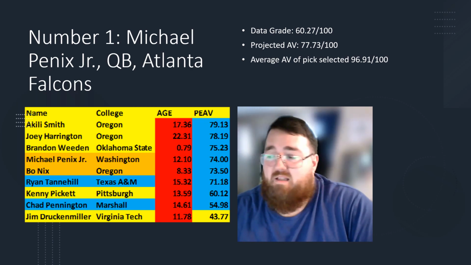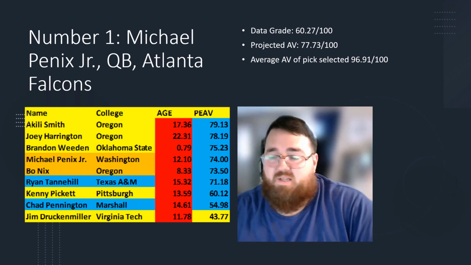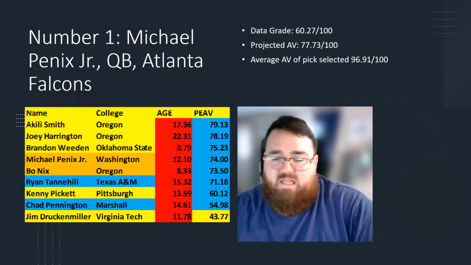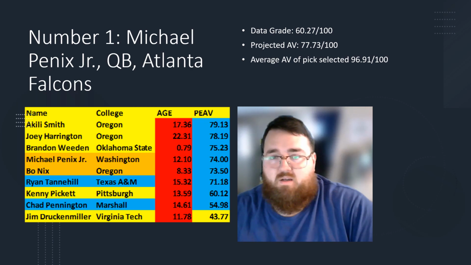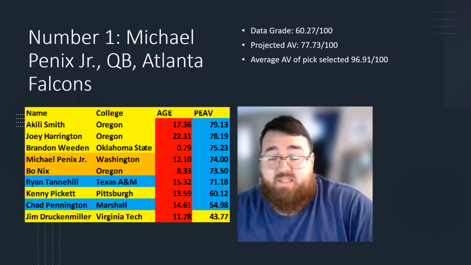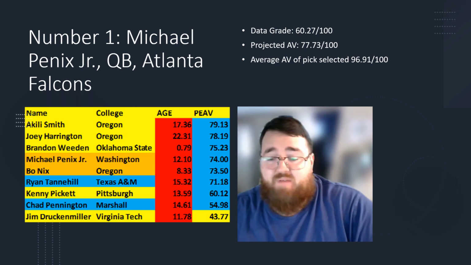So that's kind of the upside potential, a decent overall realistic upside to him would be 77.73 out of 100, which is a backup. But here's the kicker. The average AV of a pick selected here is 96.91 out of 100. That's what the value is.